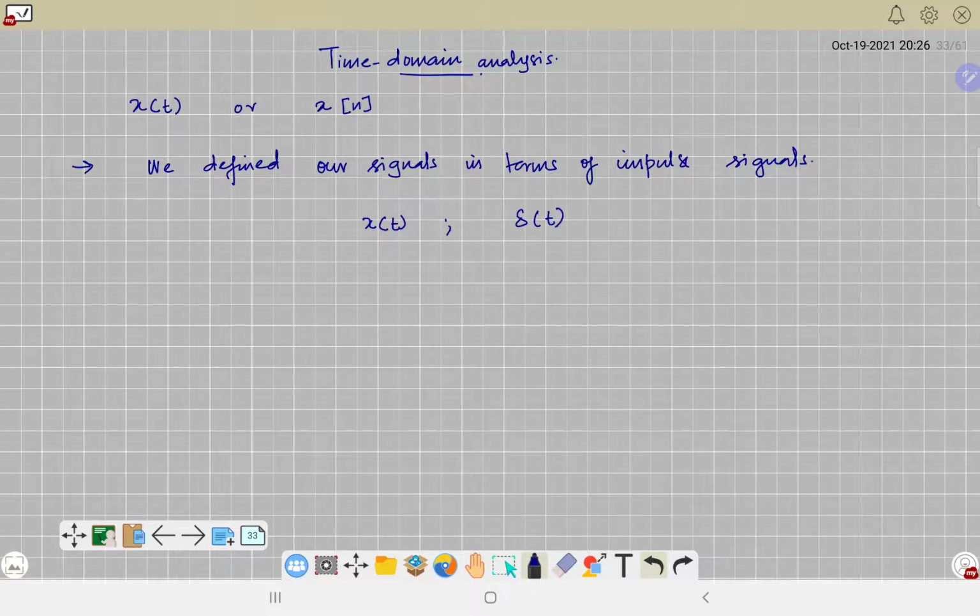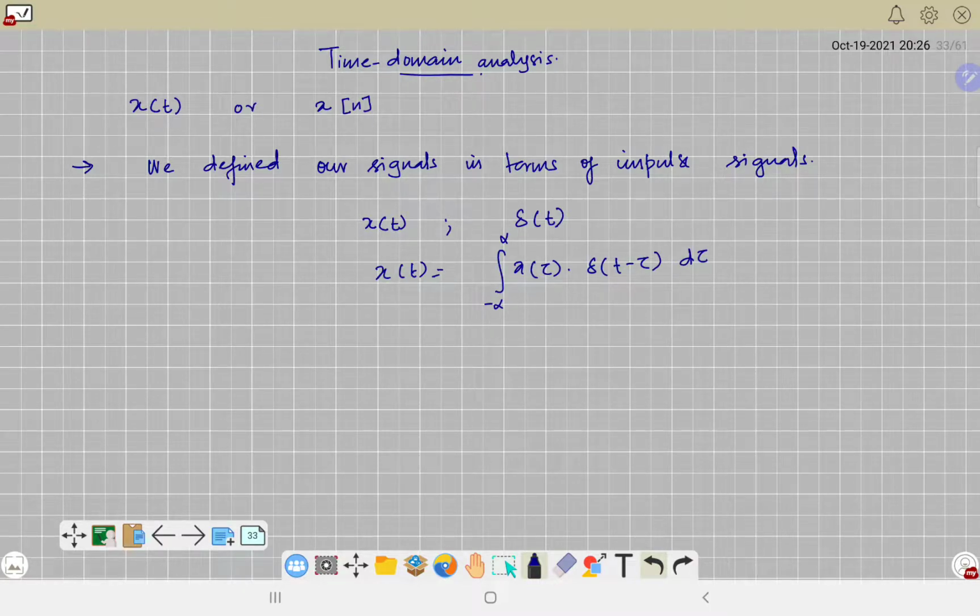This was basically the starting point of our LTI system analysis, where you have any arbitrary signal x of t, and you can very well define it in terms of the impulse signal. To be precise, it was something like this: x of t delta t minus tau d tau for the continuous time domain.